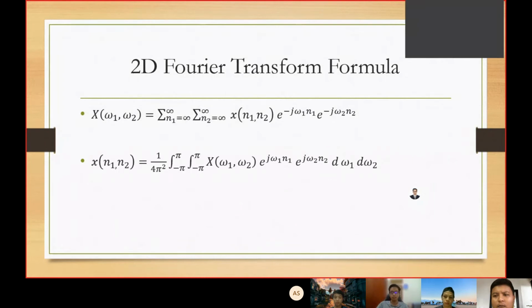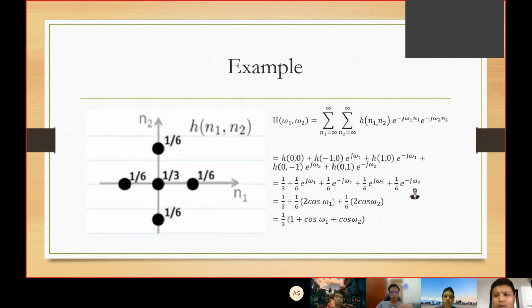But in this case, you just want to know how the raw data coming from the MRI is converted into the frequency wave.